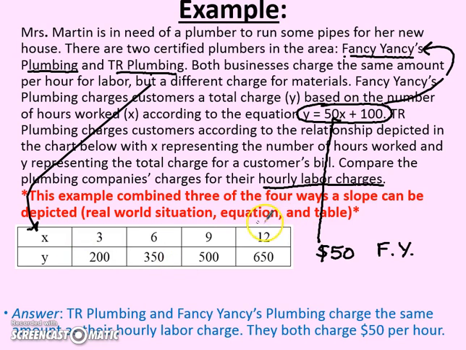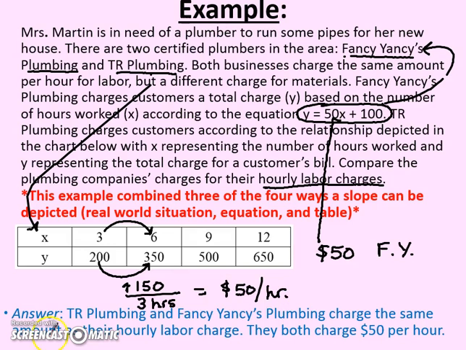Now, when we look at the table, which is for TR Plumbing, we need to look at how much the Y increases. So between 200 and 350, it went up $150. But between the X for 3 hours versus 6 hours, it was 3 hours. So 150 divided by 3 hours is $50 every hour.